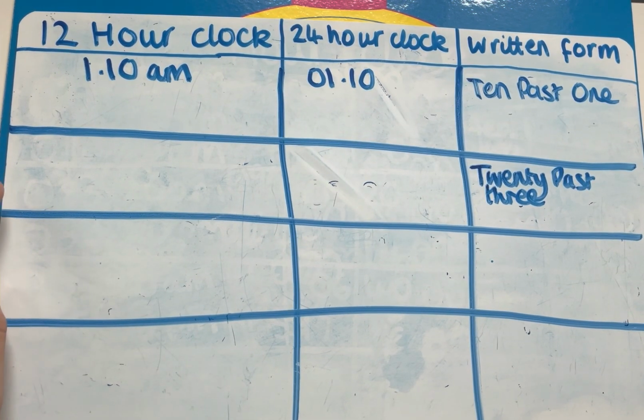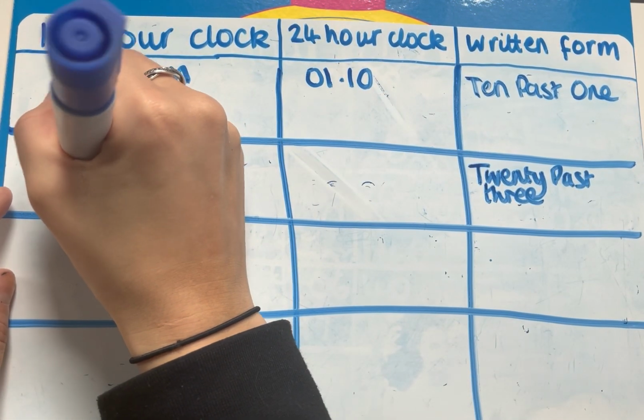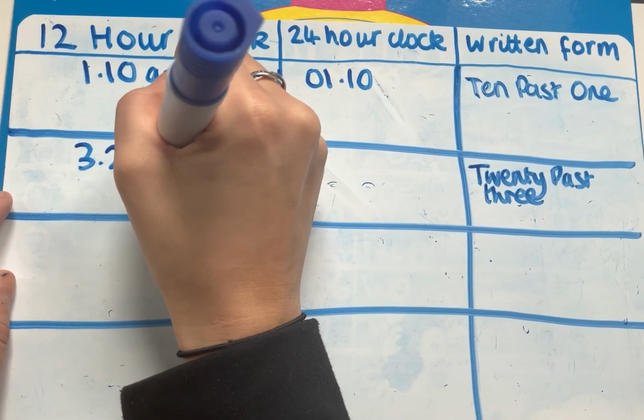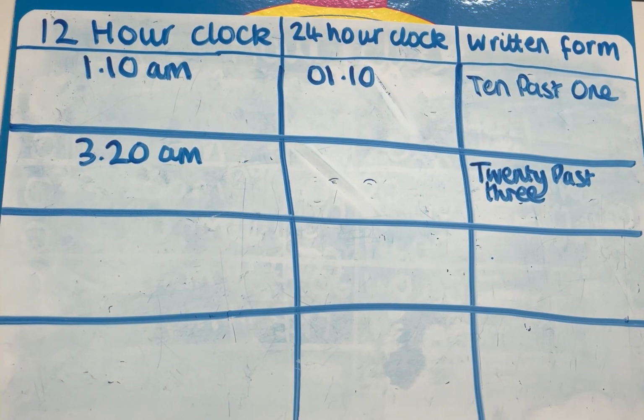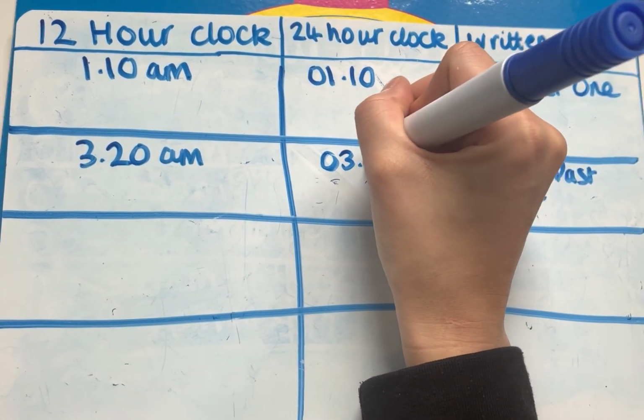Now we need to remember that it's still in the morning, so we still need to put AM on there, so it would be 3:20 AM, and that would tell us that it's in the morning. Now on a 24-hour clock, we need to remember we need 4 digits, so it would be 0, 3, 20.